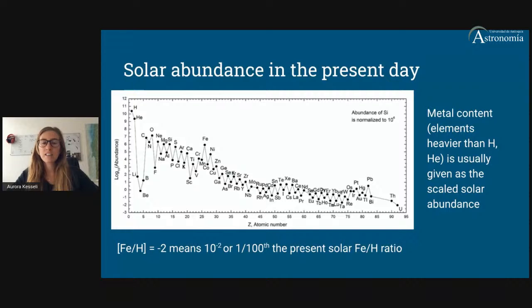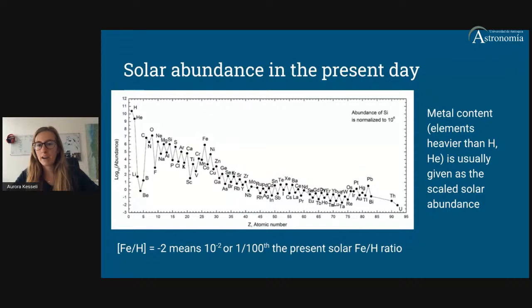And this means that there's 10 to the -2, or 1/100th times the present solar iron to hydrogen ratio. So they're not telling you that the iron to hydrogen ratio in this star is 1 to 100. They're telling you that the iron to hydrogen ratio is 1/100th of the solar iron to hydrogen ratio. It's a bit confusing, but you just have to remember that everything's being compared to the solar ratio.